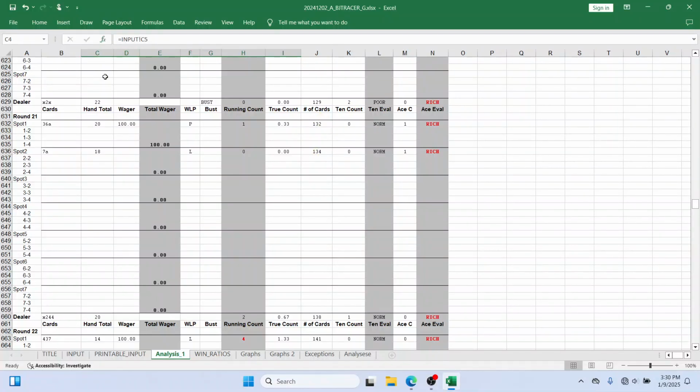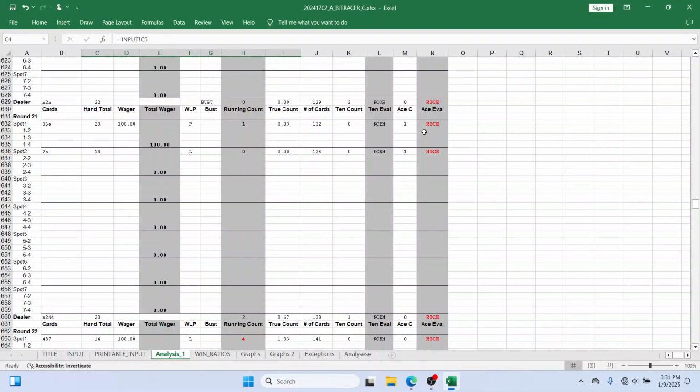Remember, on this one we're playing from a 6-deck shoe game. Normal, 10 evaluation normal. Rich in aces, rich in aces. Rich means that the ratio of aces to the number of cards is not balanced, where there's still a lot of aces left.